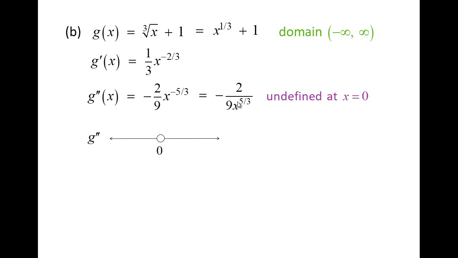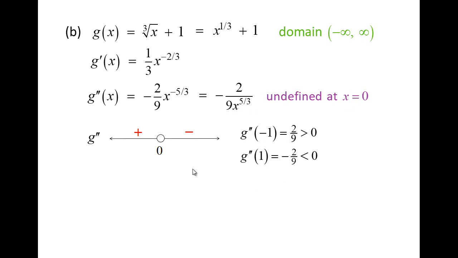So when x is negative, the denominator here is negative, but we also have a negative in front, so we're going to get something positive. So when x is negative, the second derivative is in fact positive. On the other hand, when x is positive, then the denominator is positive here, and then we get negative. So in particular, g double prime of negative 1 is positive, g double prime of 1 is negative.